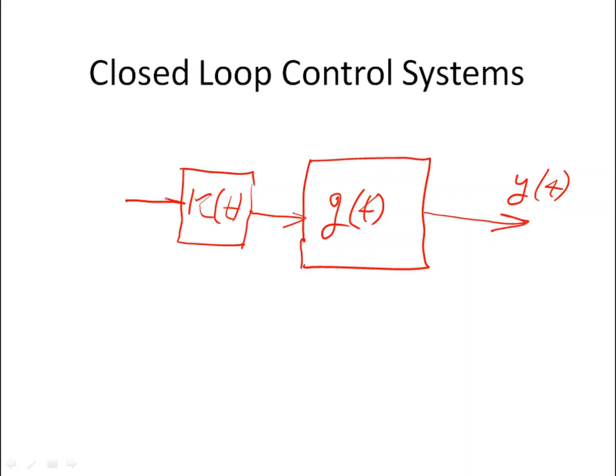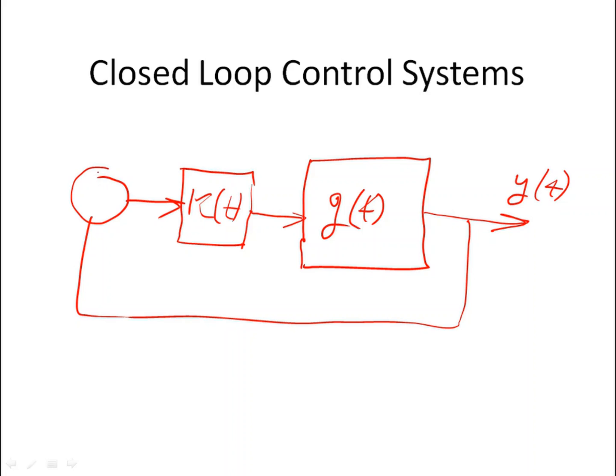Then this output here is measured, taken back and paired with the reference input in a certain way. So the reference input RT is there, and this is coming back.